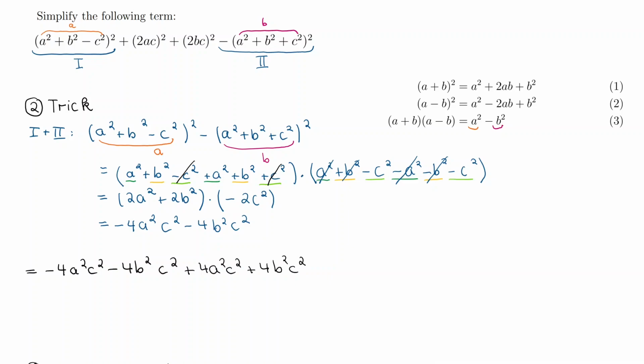And then, of course, we have here, once again, minus 4A square C square plus 4A square C square, which just is 0. And here the same, minus 4B square C square plus 4B square C square, which is also 0. So the final result, once again, is 0.